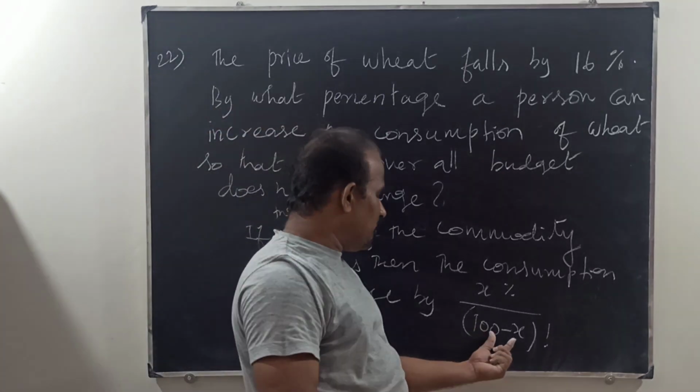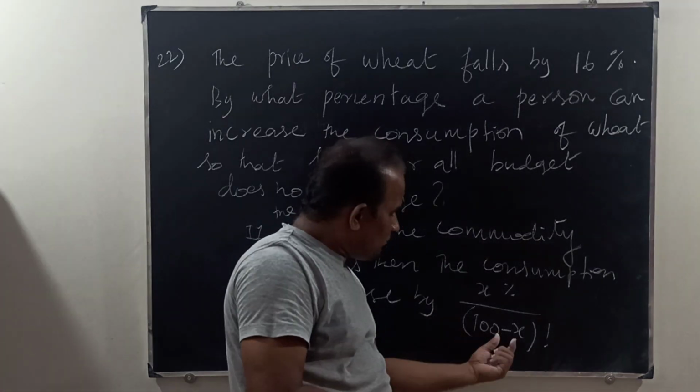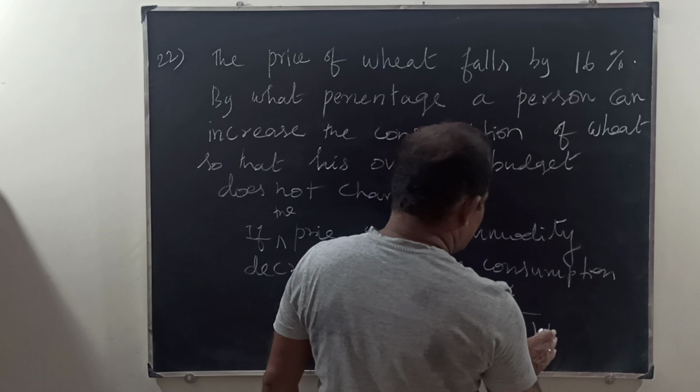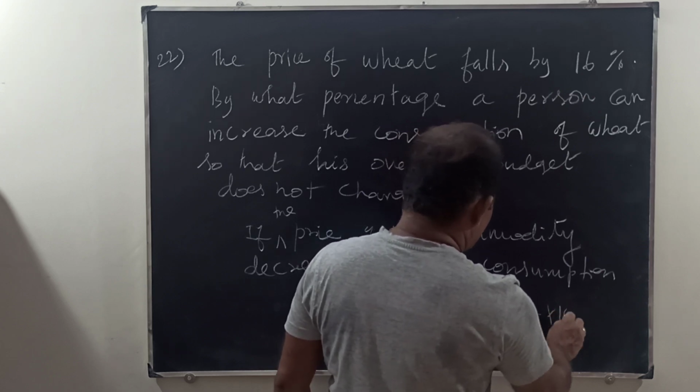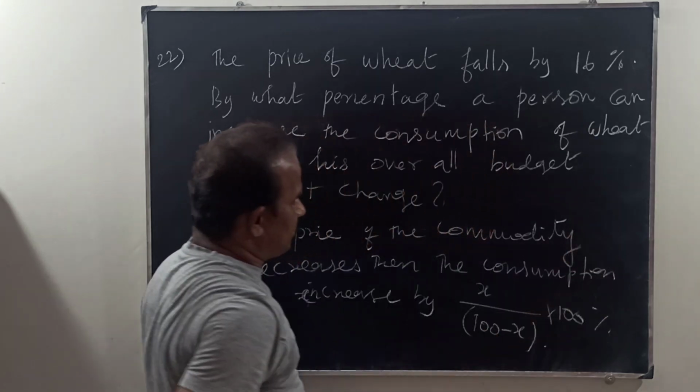Okay, so if the denominator is going to be small, the total thing will increase. So it is x divided by 100 minus x into 100 percentage.